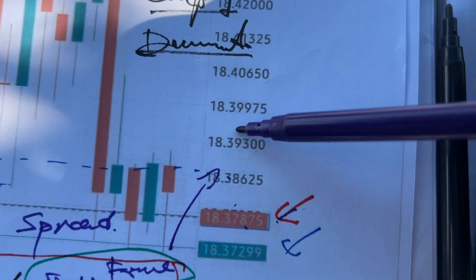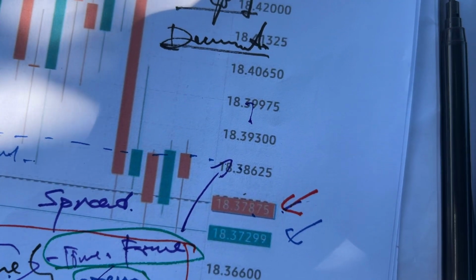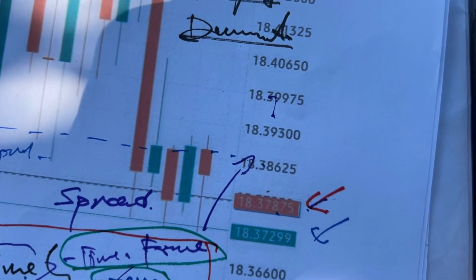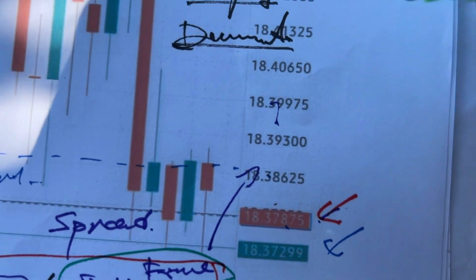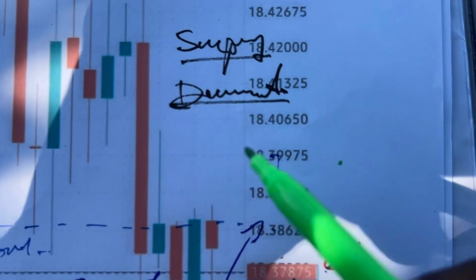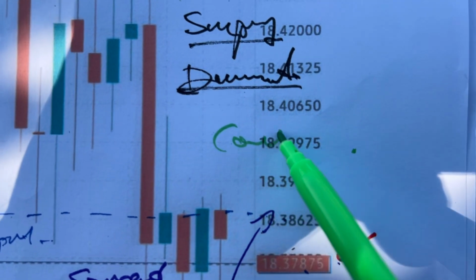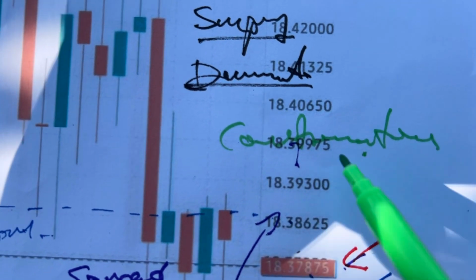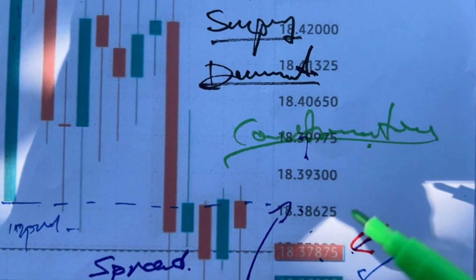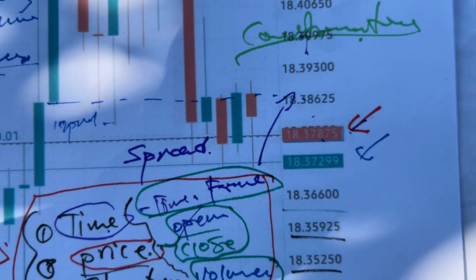And the candlestick pattern, in turn, creates, let me share with you, a combination. Let me just put combination. Sorry for my handwriting, but that's combination. In return, this is creating the combination.